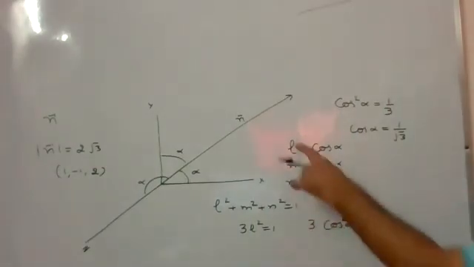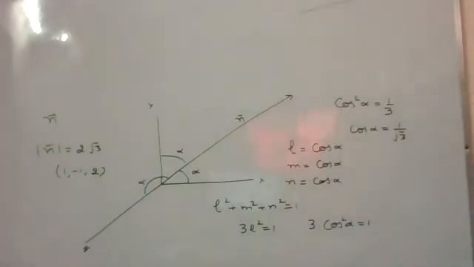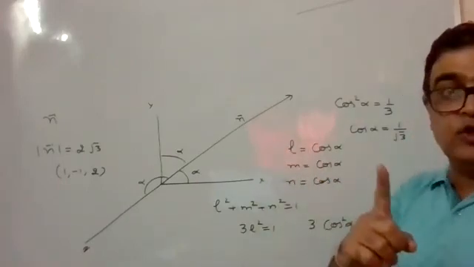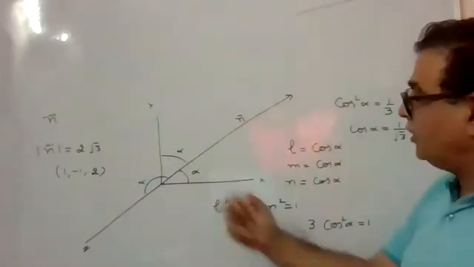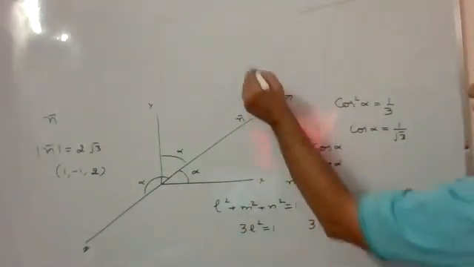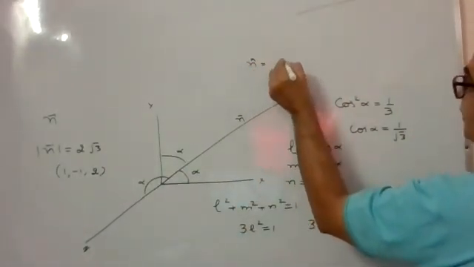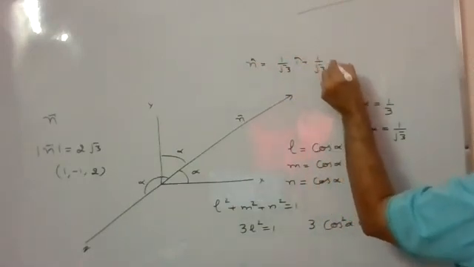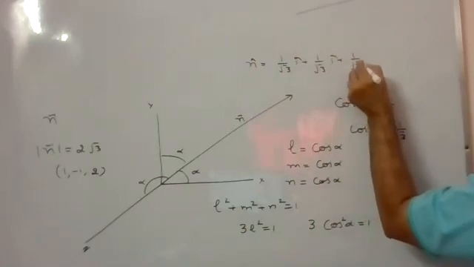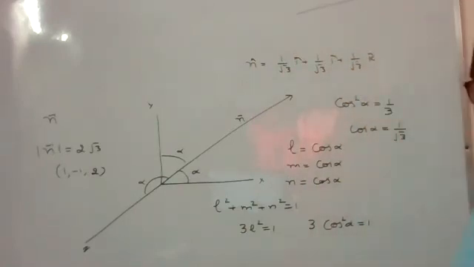Okay, so l, m, n are known, and I told you that l, m, n always give you a unit vector. Who will give the unit vector of this vector? l, m, n will give it. So I got n cap: 1 by √3 i cap plus 1 by √3 j cap plus 1 by √3 k cap. And I want the normal vector now, n vector.